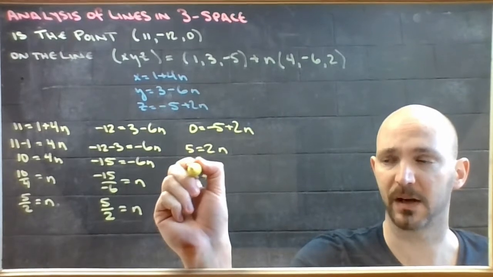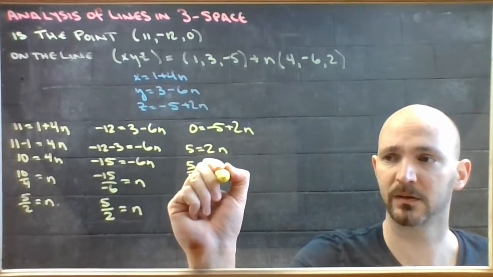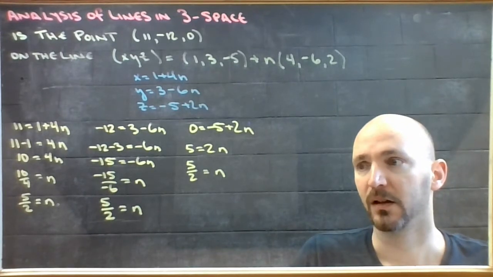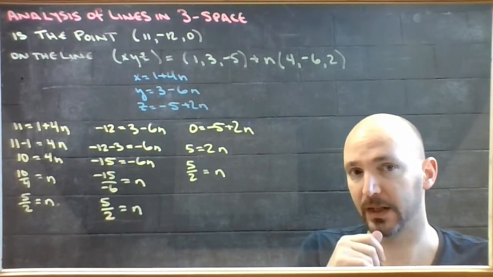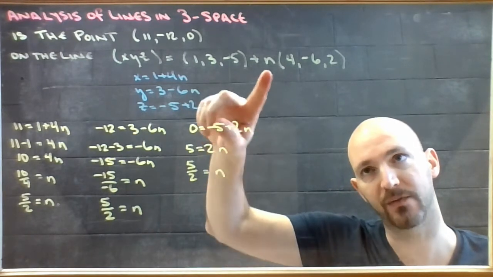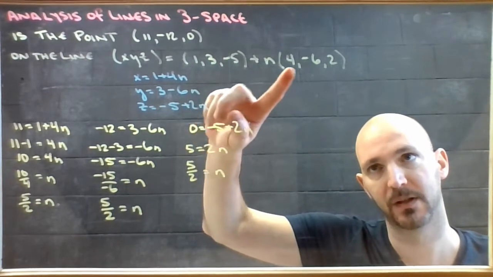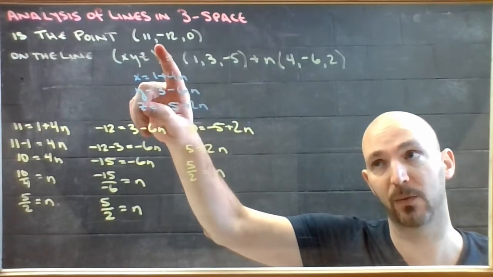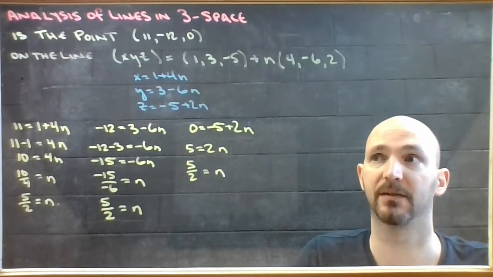Divide both sides by 2. And there you have it. So I have a match in all three coordinates, which is telling me that if I took 5 halves of a step of this vector from this place, I will end up at 11, negative 12, 0.